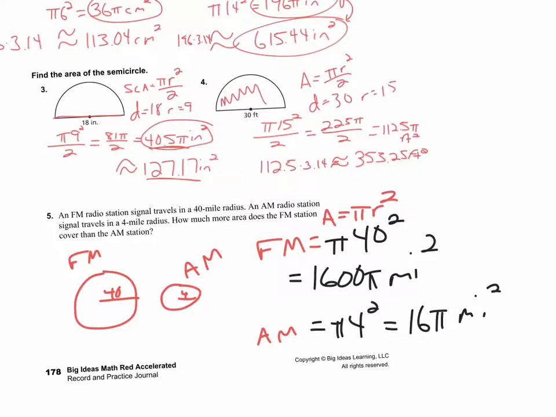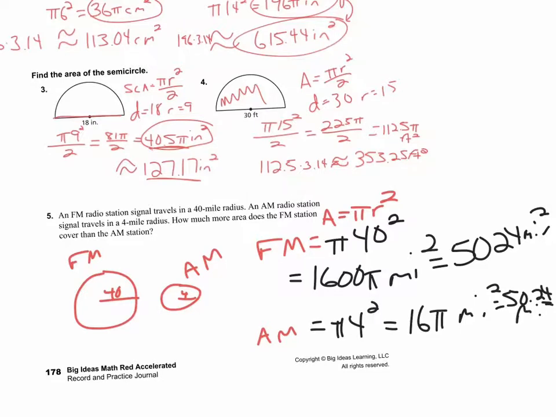Okay, it's asking how much more area does the FM cover than the AM. So if I get my calculator and take 1600 times 3.14, I end up with 5,024 miles squared. And then I would do 16 times 3.14 to get the bottom one, and I get 50.24 miles squared.